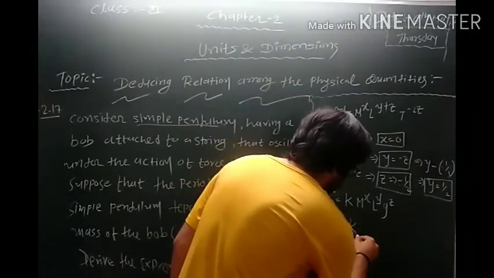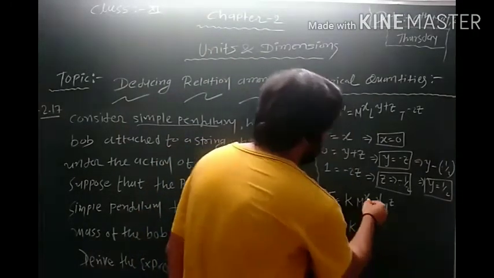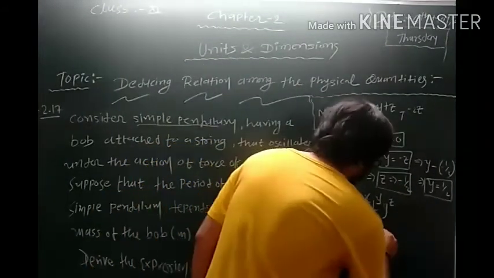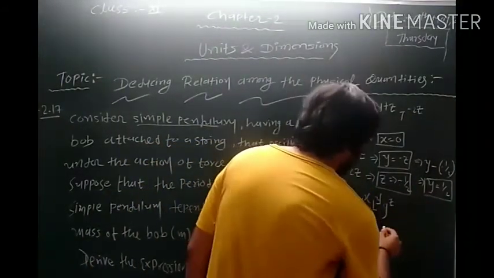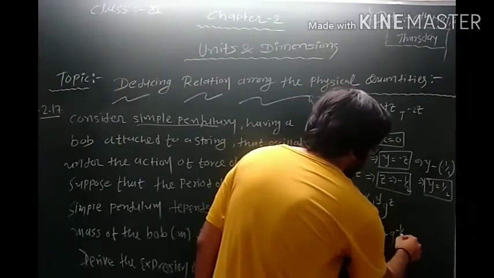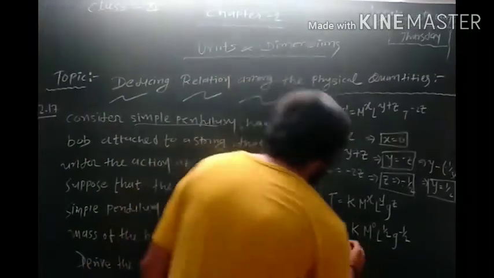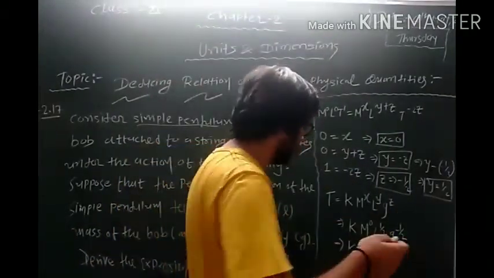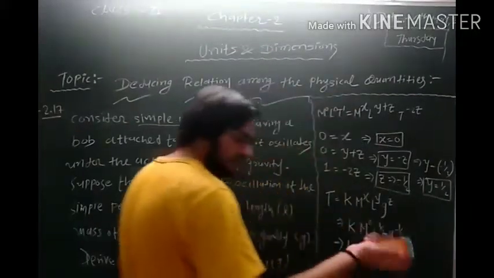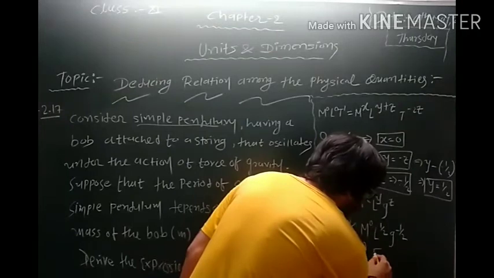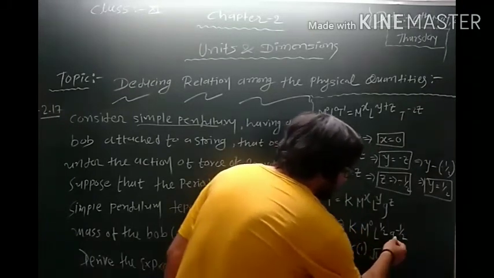Now put all these values in this equation, then let us see what we get finally. K is as it is, m raised to x, but here x is 0, so m raised to 0, and y is 1 by 2, and z is minus 1 by 2. So finally, 1 by 2 means square root. m raised to 0 is 1, L raised to 1 by 2, and g raised to minus 1 by 2.